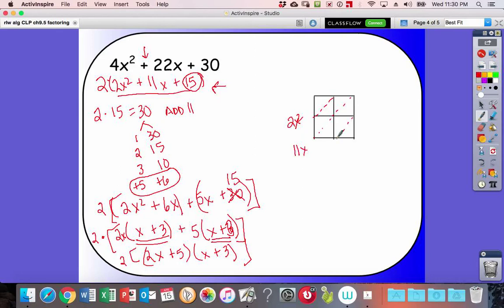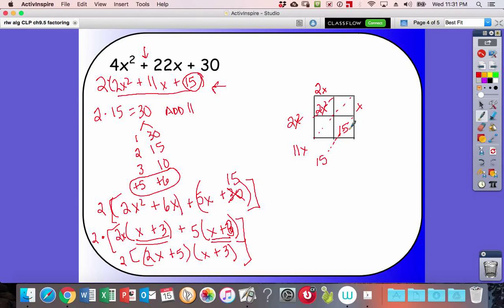And I know right here, it's a 15, not a 30. Okay, 2 is prime. So I know there's got to be a 2x here and an x there. And this is going to be x times 2x is 2x squared, and there's nothing to combine there.